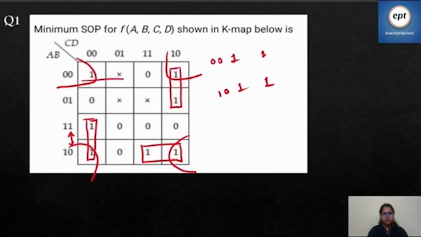So this whole comes under 0, 0, and this comes under 1, 0. So you can see that the difference is 1 bit. That's why we made the quad, the 4-element group.